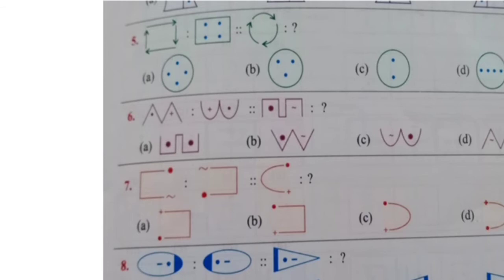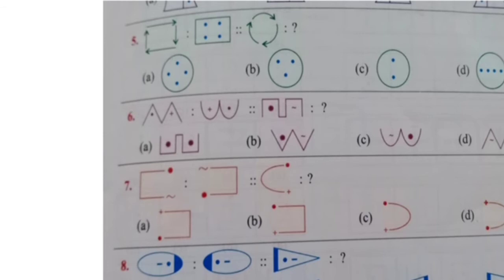The way of arrows is shown in the question. We come to know that we have to make one circle, and as per the number of arrows it should have 3 dots.